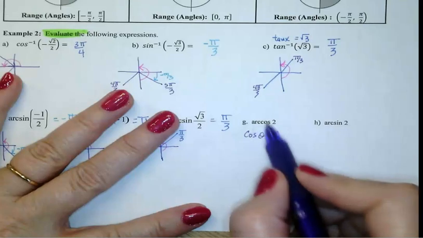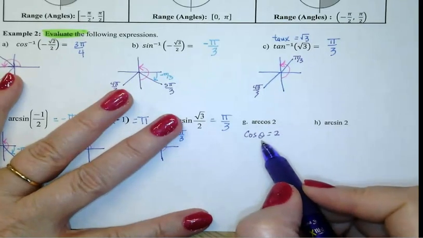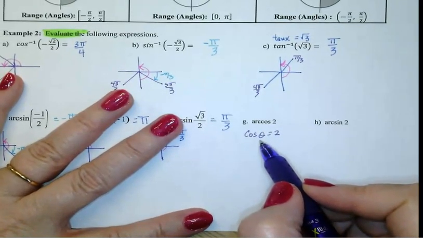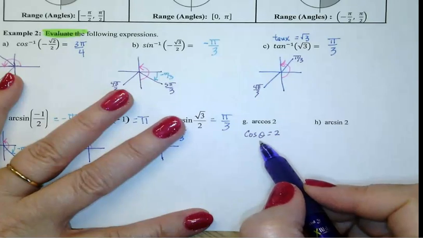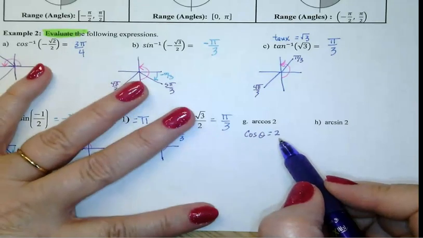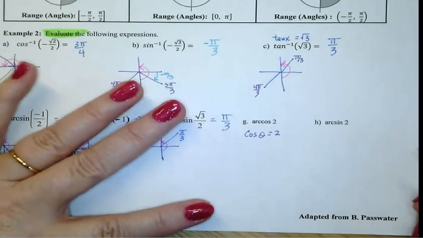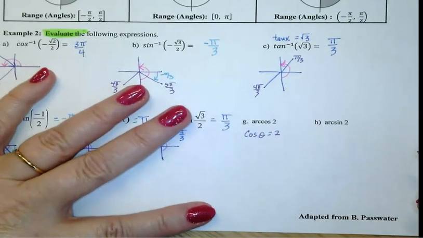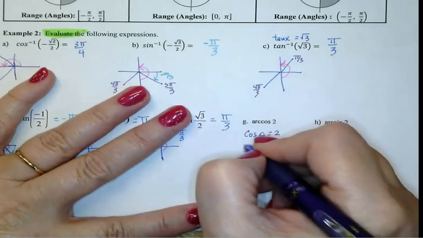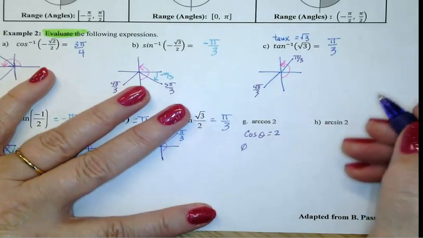because there hasn't been any transformation to it. So we know that the tallest the cosine graph ever gets is +1, and the lowest the cosine graph ever gets is -1. So what do we know about this 2 it's asking us about? It means it's outside the range of the function. So we're going to use the empty set symbol.